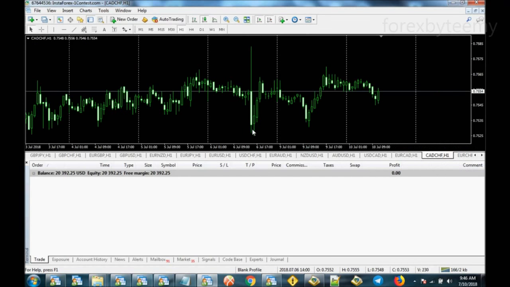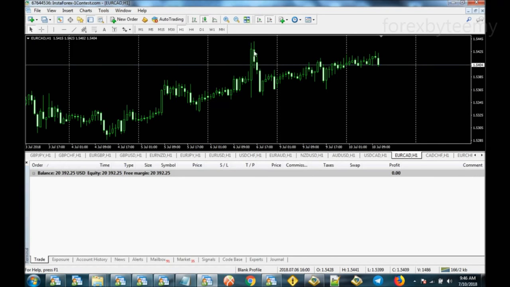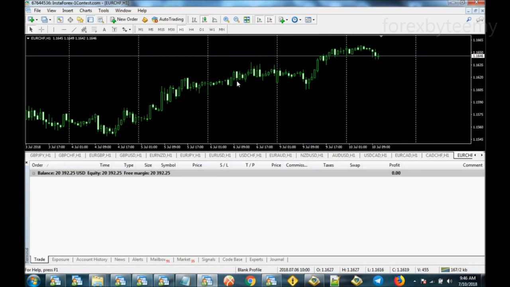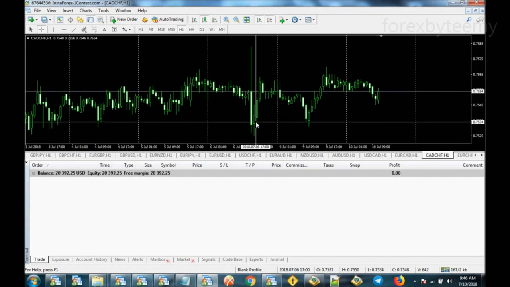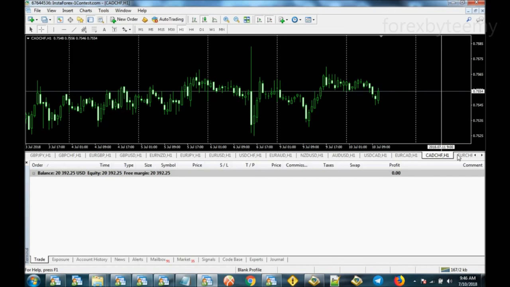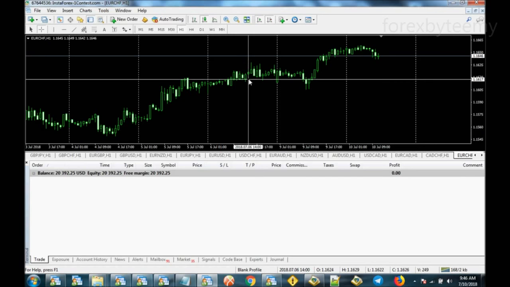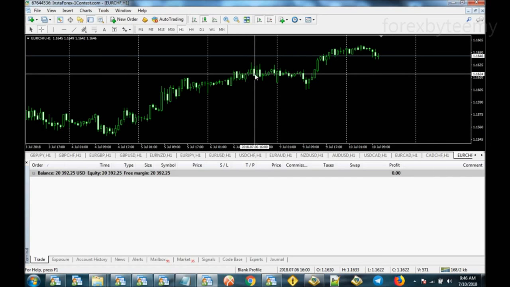At this point, where we're looking at which of them to go with, should we buy CAD/CHF or sell EUR/CAD? Let's look at what EUR/CHF has been doing in that region during that period. Let's check the exact time. It happened around 1600 time, so we'll check that period and region.